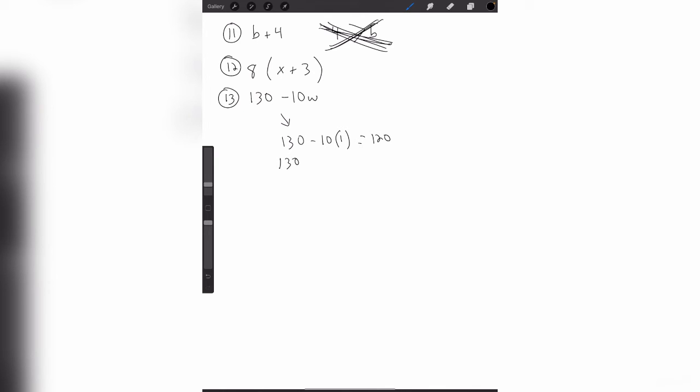If I go to week 2, and I spent another $10, that would be 10 times 2, which is 20. 130 minus 20 gives me 110. And keep going down and down until I made some more money. But I'm only showing you this to show the importance of creating a variable right here.